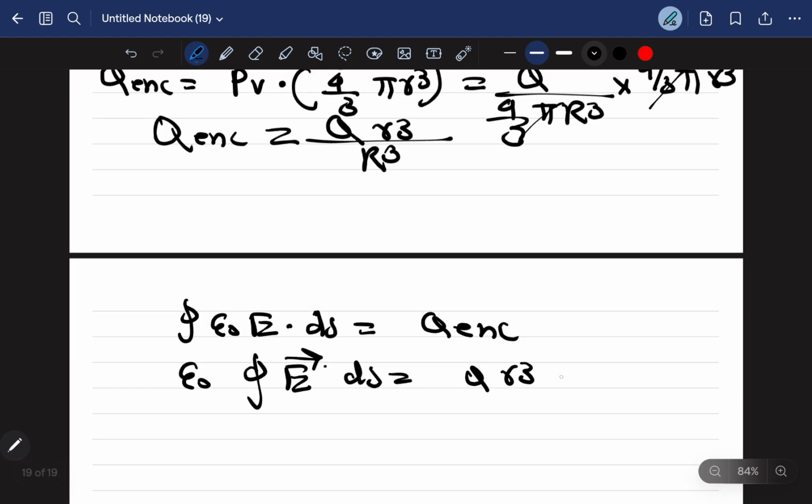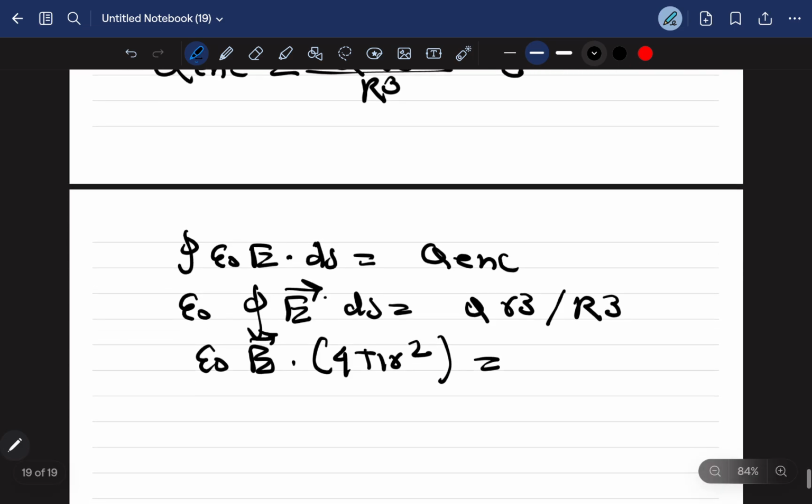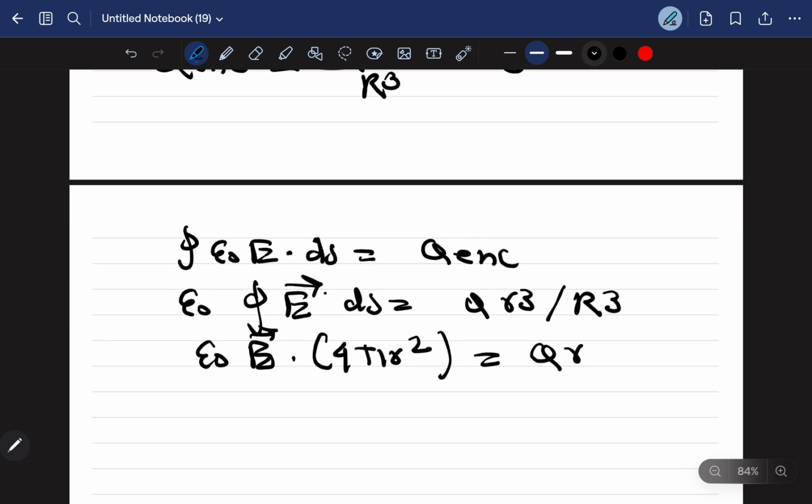Q into r cube divided by R cube, right? So this will be the value of q into E dot ds equal to 4 pi r square E, and we get this value.